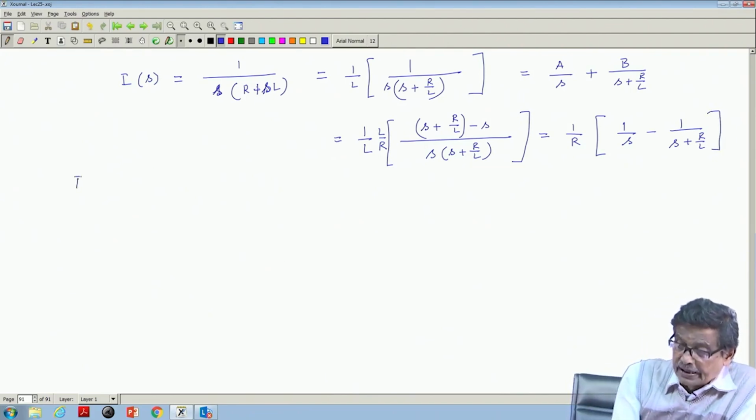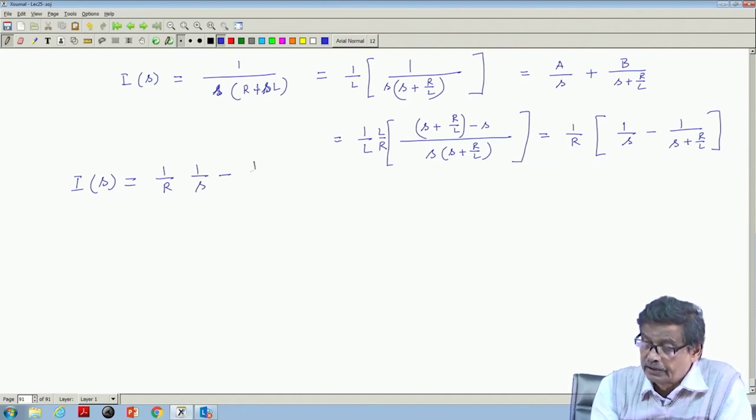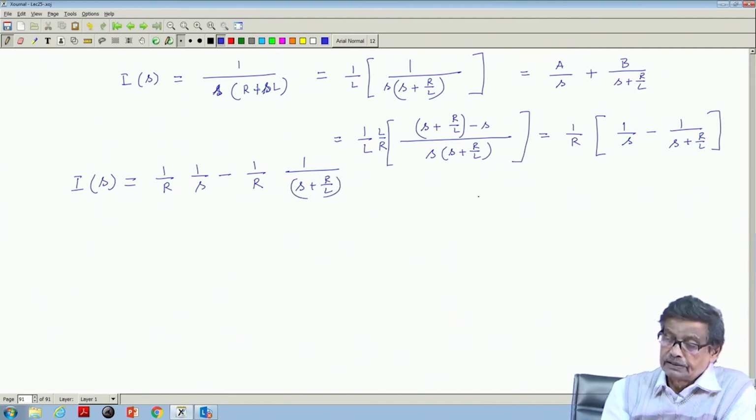So, I of s will be equal to 1 over R into 1 over S minus 1 over R into 1 over S plus R by L. Isn't it? This is the thing.